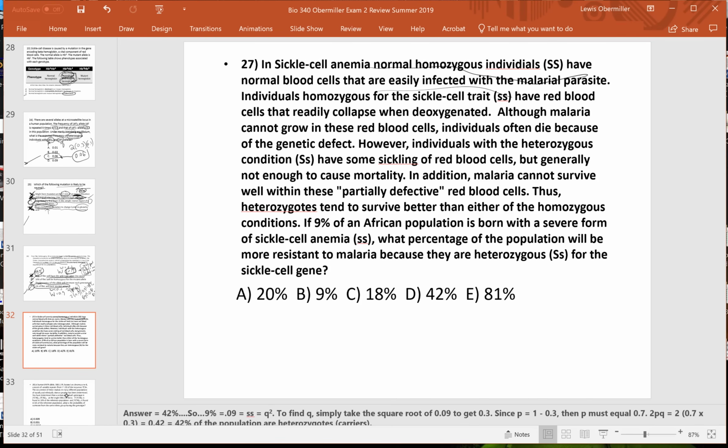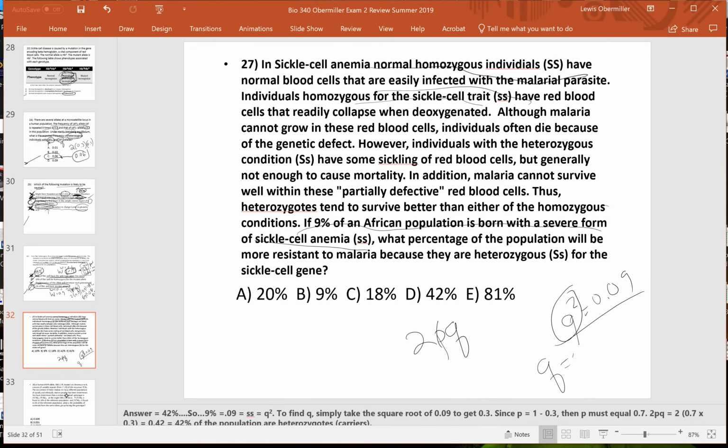Normal blood, infected malaria. Yeah, okay. 9% of an African population is born with a severe form of sickle cell anemia. So we know that Q squared equals 0.09. So what percent of the population is heterozygous? In other words, what percent of the population is 2 times P times Q? We don't have Q yet, but we can get it.